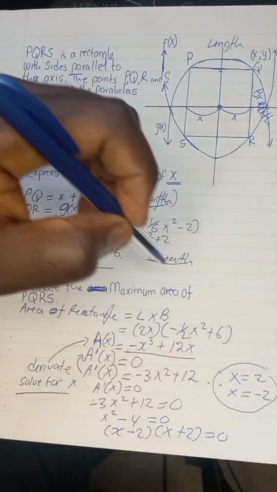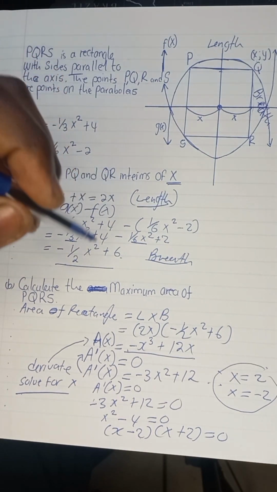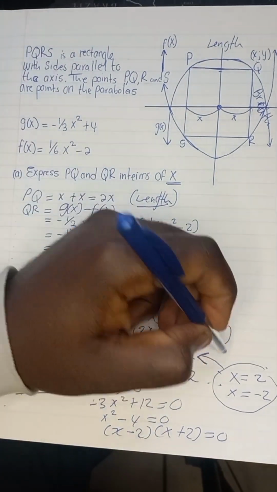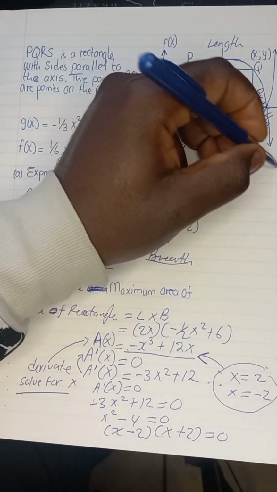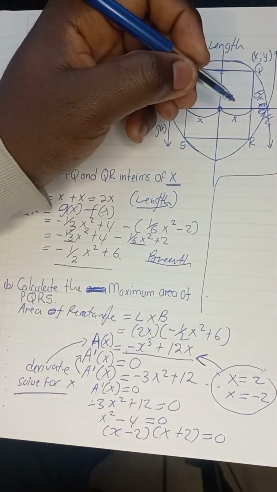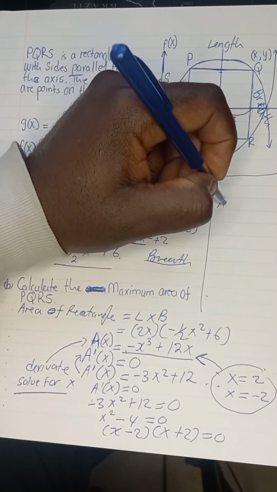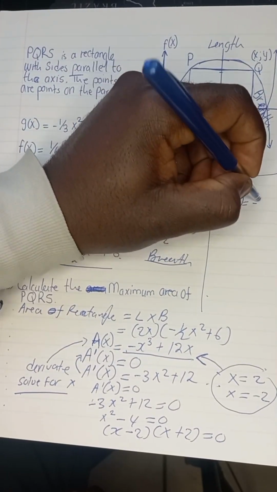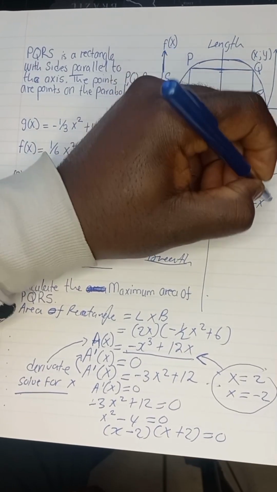Now go back and substitute those negative 2 and 2 in the original equation, which is the area A of x, and whatever value you get there is your area.